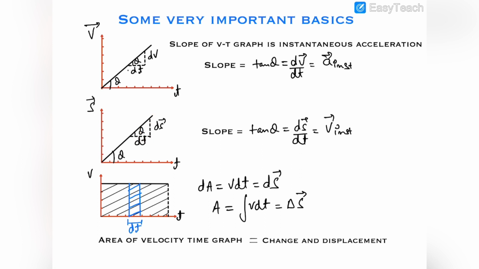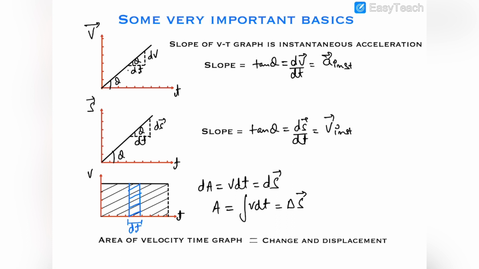So the slope of displacement time graph would be equal to tan theta, and this tan theta is ds by dt, and ds by dt is instantaneous velocity. So I can say that the slope of displacement time graph is the instantaneous velocity. Okay, so this was the slope of two important graphs.